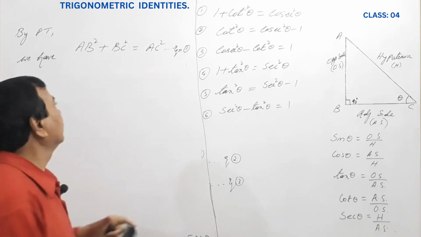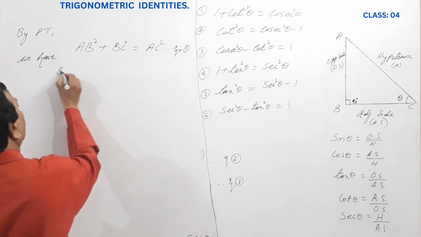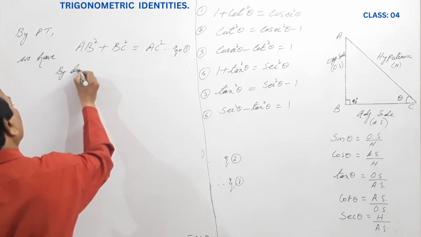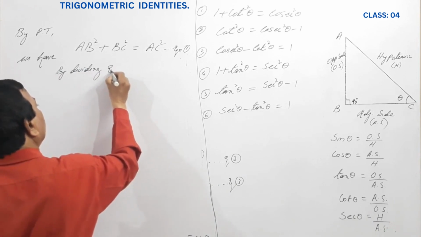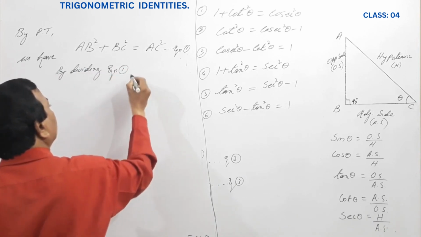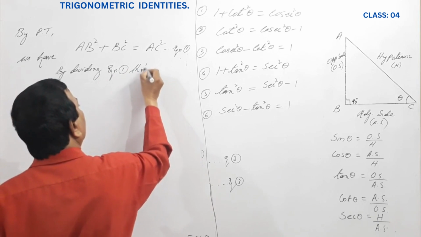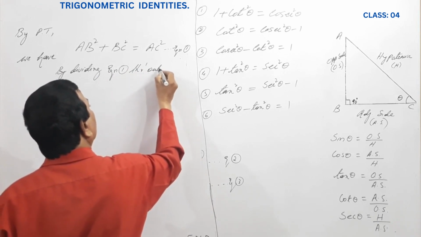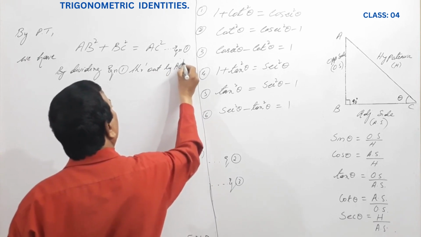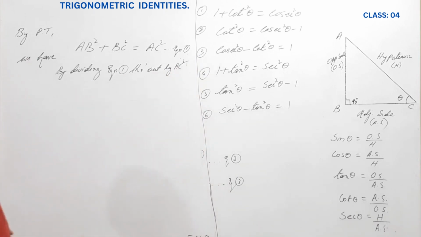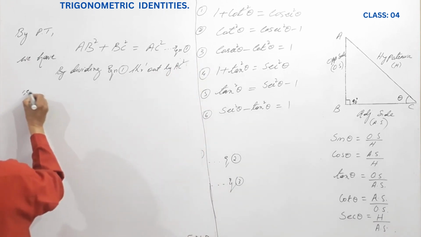Let us see what happens. By dividing equation 1 throughout by AC square, what happens?